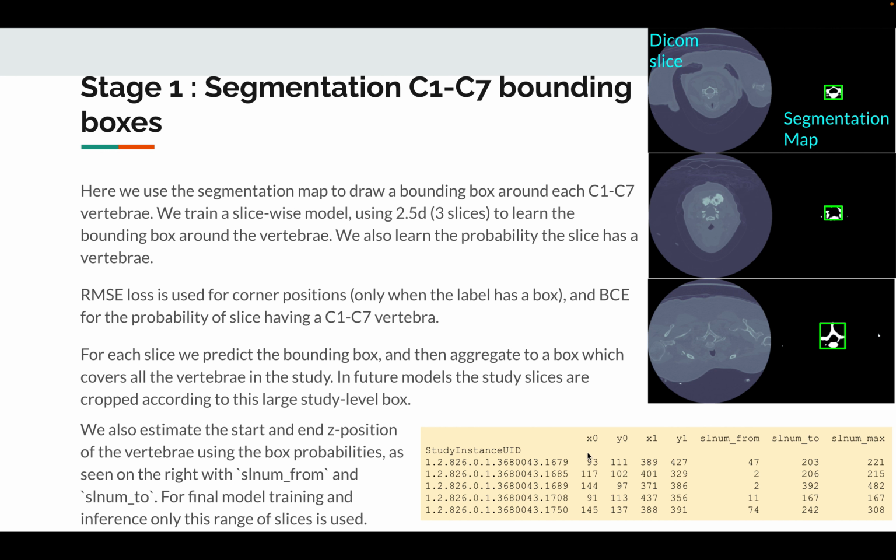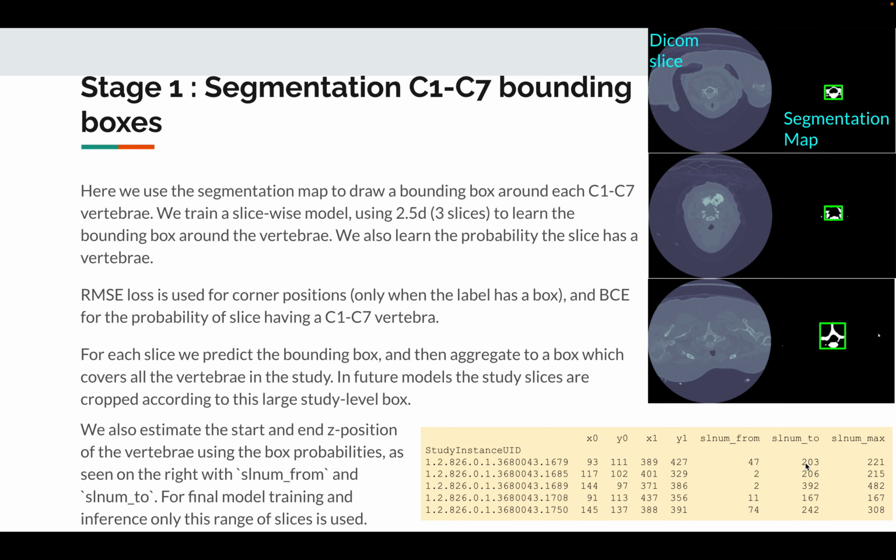What we also do, and it's explained in the README, is we give a probability that there is a C1 to 7 vertebra in each slice. And what we've done here is said, okay, in this study, there was a very high probability that before slice 47, there was no vertebrae, and after slice 203, there's no vertebrae.